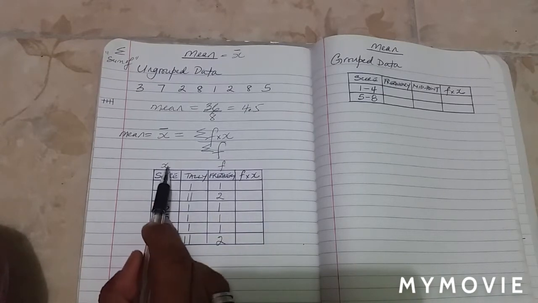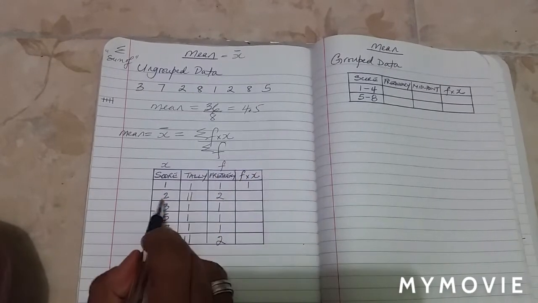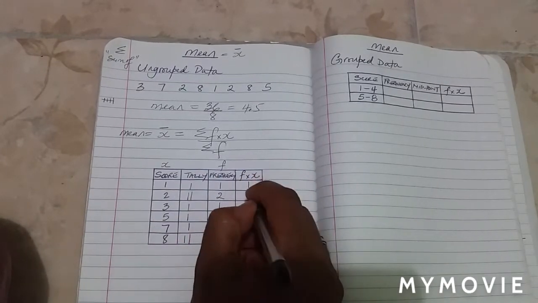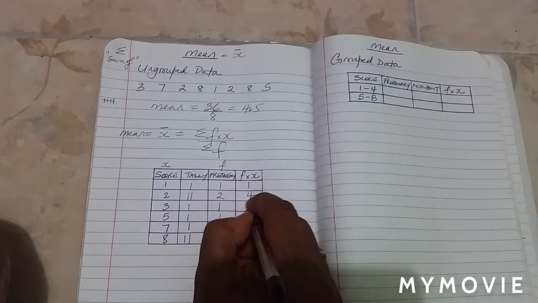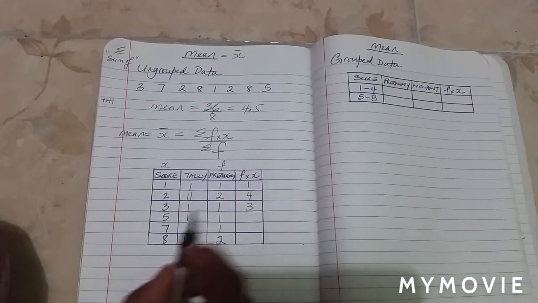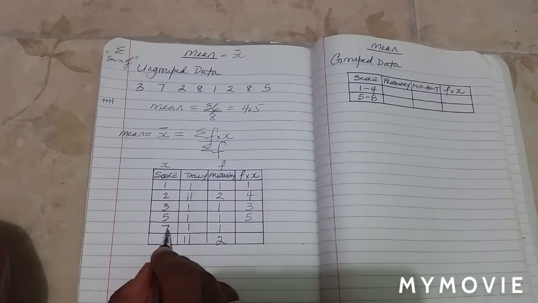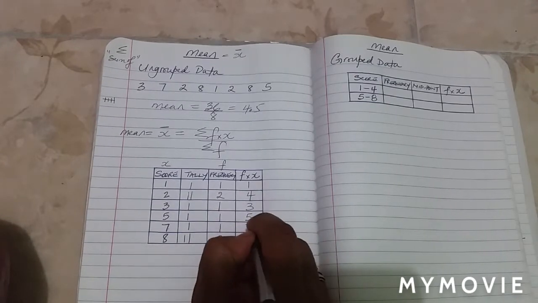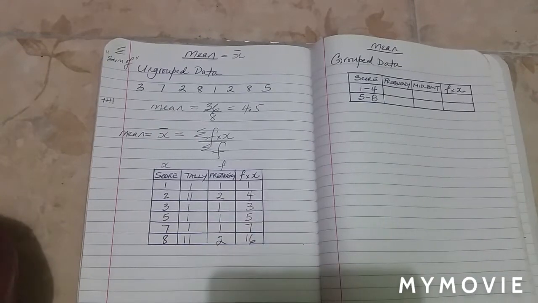So 1, which is x, times f, which is 1, is simply 1. 2 times 2 is 4. 3 times 1 is 3. Why am I multiplying? Because that's what it says that we're to do. Multiply f by x. 5 times 1 is 5. 7 times 1 is 7. And 8 times 2 is 16.